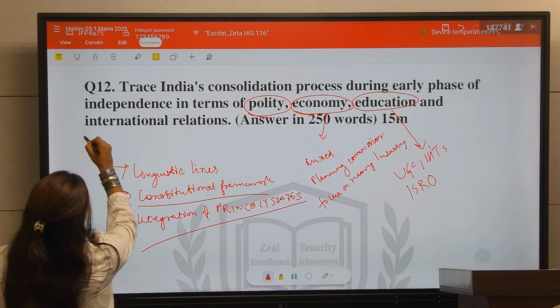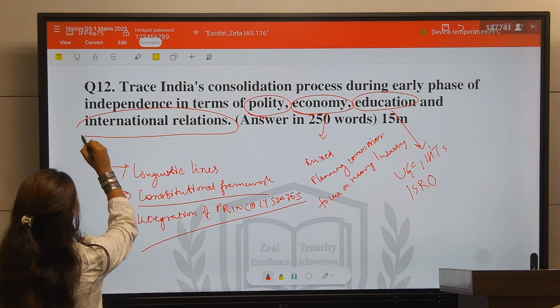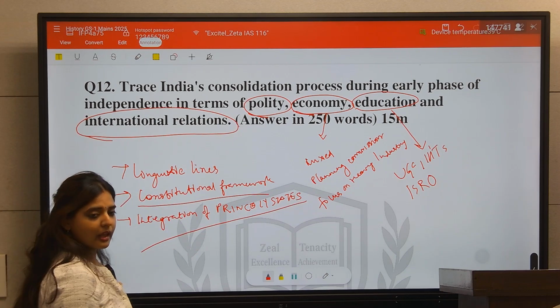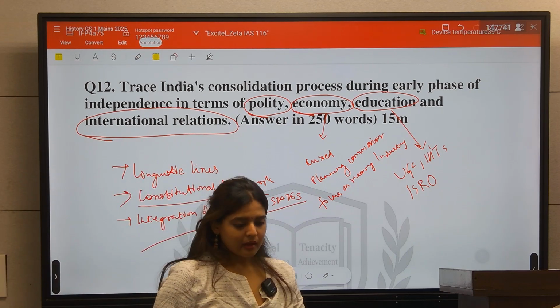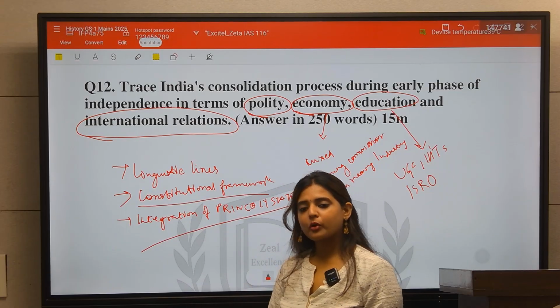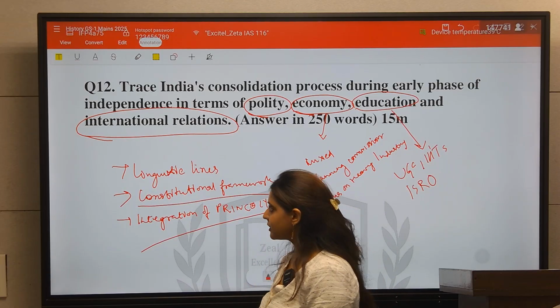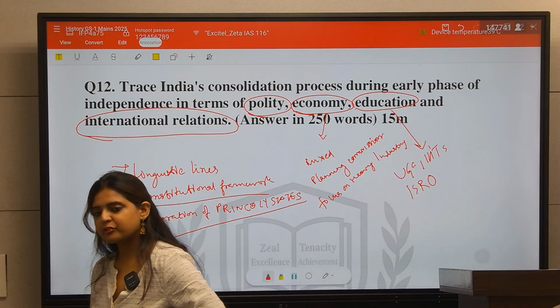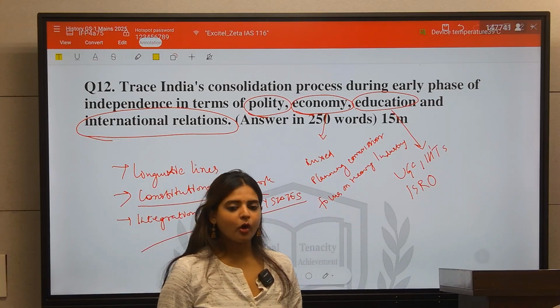Next, we come to international relations. Here you can talk about the non-alignment movement for pursuing our independent foreign policy, the support of the anti-colonial movement, and the autonomy from the Cold War superpower blocs.